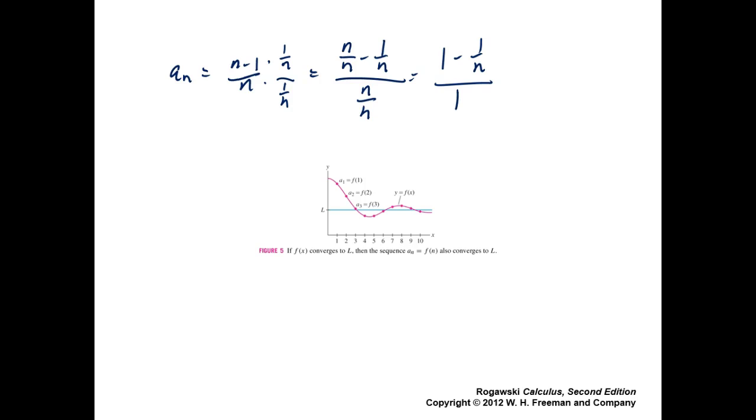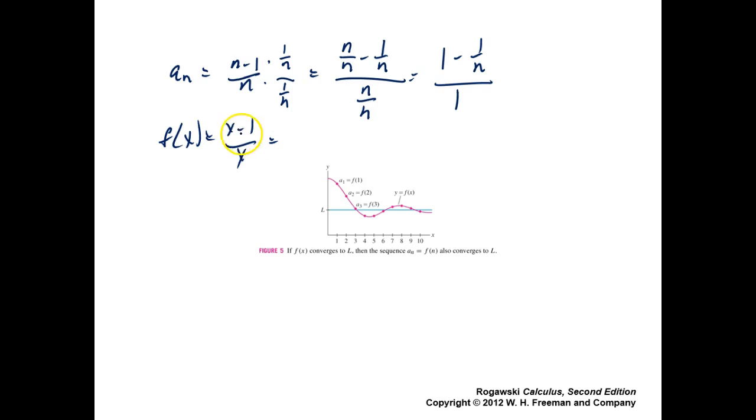But the other way you could do it is to give the function that does that same thing, f of x equals (x minus 1) over x. Does that converge? Yes, it does, and it converges to 1.